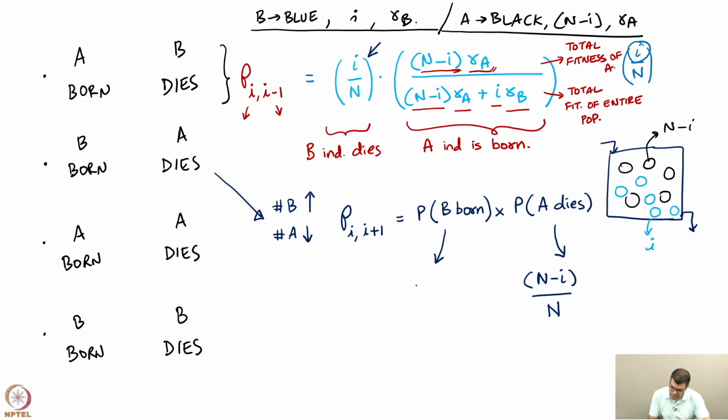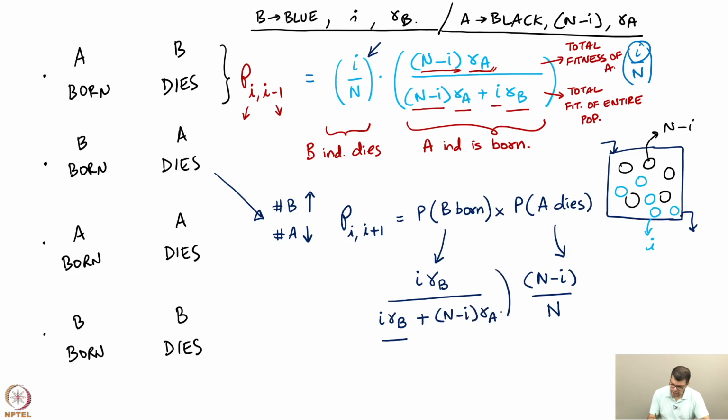So, the total fitness of B type individuals is the number of B type individuals, which is I, times the fitness of each B type individual, which is RB, divided by the total fitness of the entire population, which is I times RB plus the total fitness of A type individuals, which is n minus I times RA.